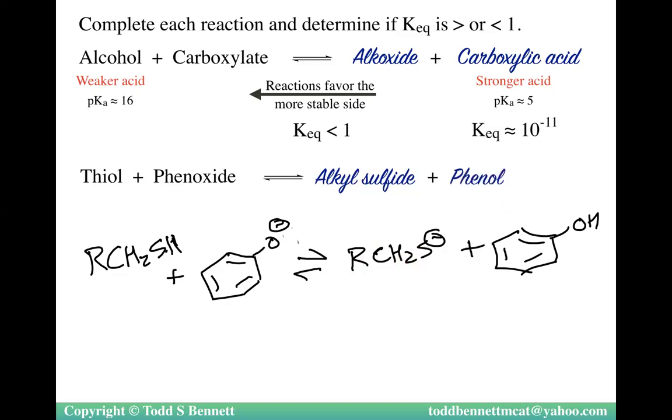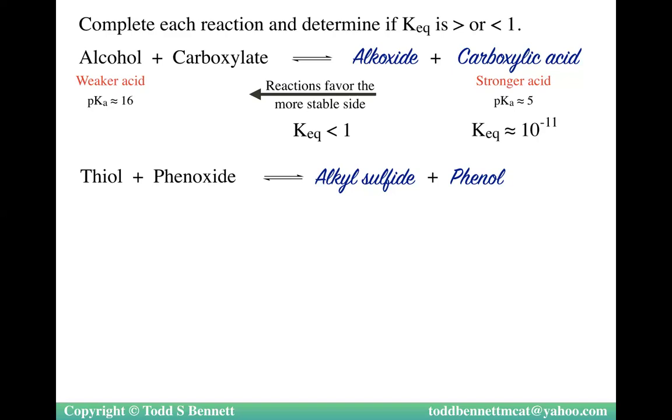Alkyl sulfide is kind of a loose name because if sulfur's got two R groups, we also call it that. Our nomenclature does break down at times, but sulfide implies negative. So an alkyl sulfide anion is probably what I should call it. And then phenol. Okay, so I'm going to get rid of my drawings. I'm going to tell you the pKs are, these are my 10 one.